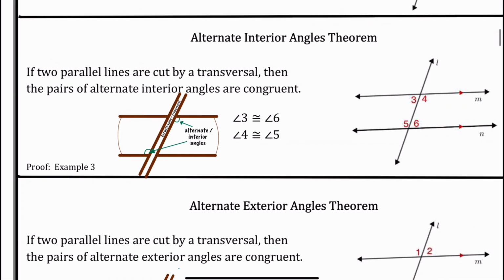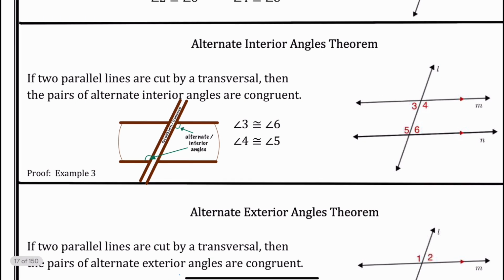The next one is alternate interior angles. Alternate interior angles are both on the inside of the ice cream sandwich pieces and they're alternating sides of the transversal. And those are actually also going to be congruent. So if we have vertical angles here and here, the corresponding angles are congruent.